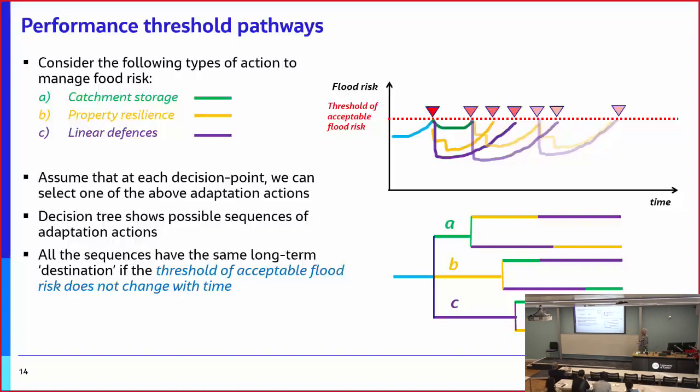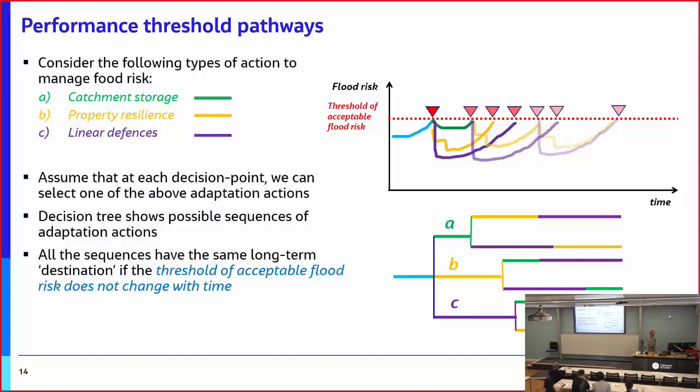Or we can invest in catchment storage and follow it by linear defences and property resilience. So there are different permutations of interventions. And at its simplest level, the decision-making problem becomes one of applying costs and benefits to each of those branches and saying, well, which of those branches gives us the most economically efficient solution?